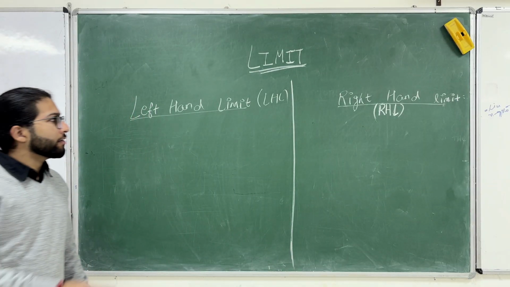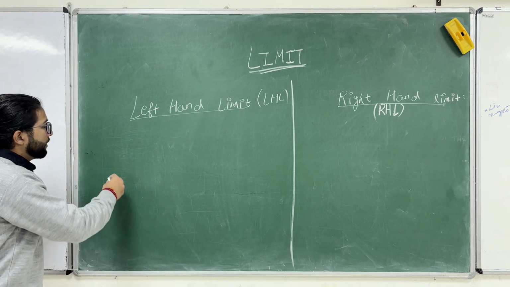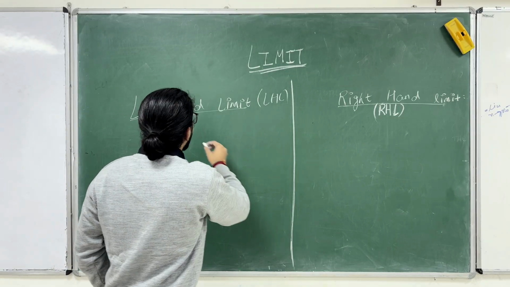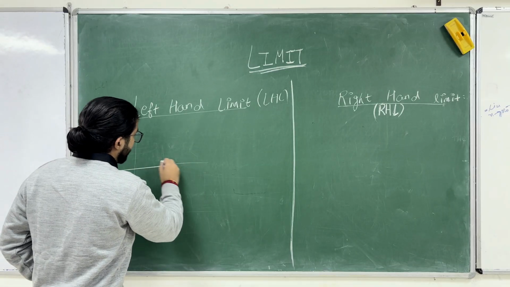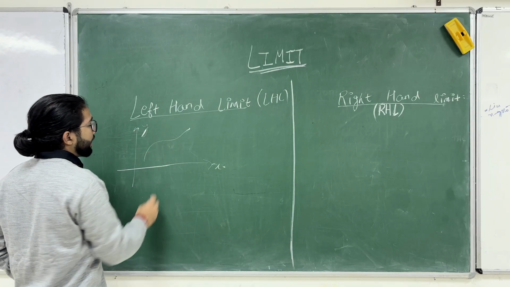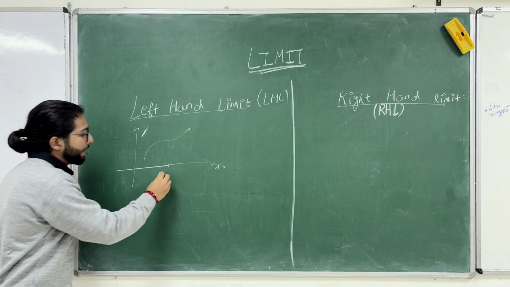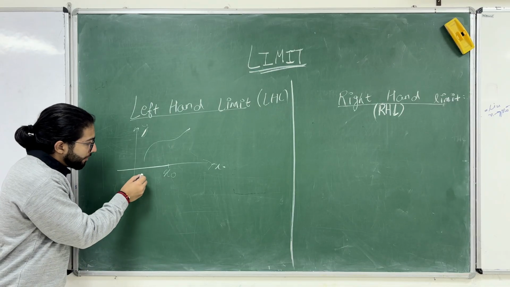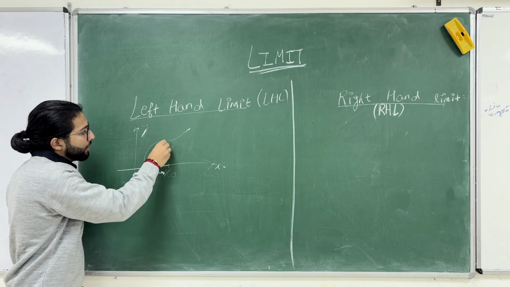Now we are defining the left hand limit and the right hand limit. Okay, so the short form we write is LHL for left hand limit, which means whenever we have any function and we are looking at any point x naught in the domain, the left hand limit tells us, when we are approaching x naught from the left hand side, which point our function is going towards.